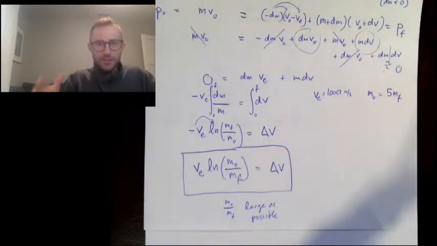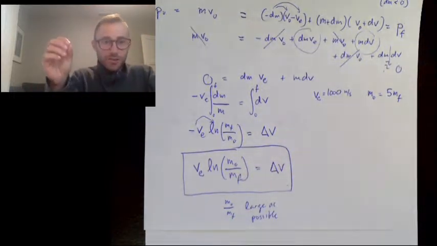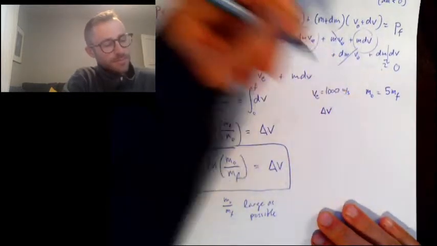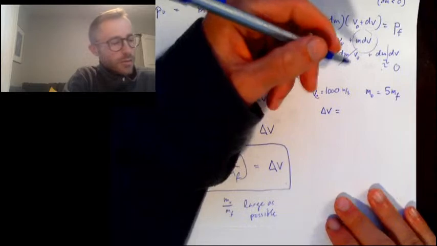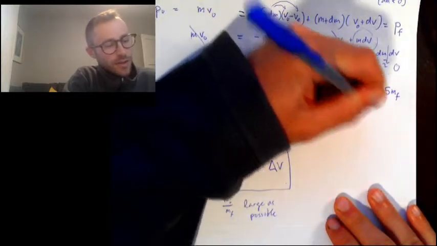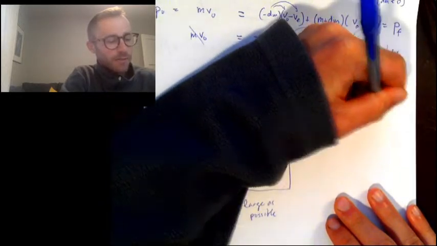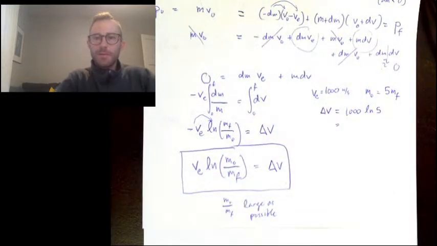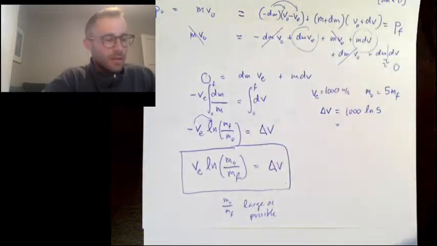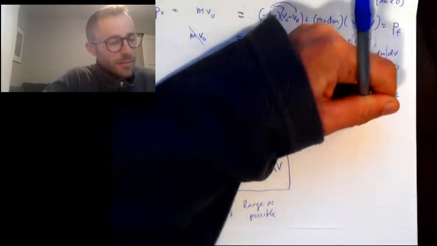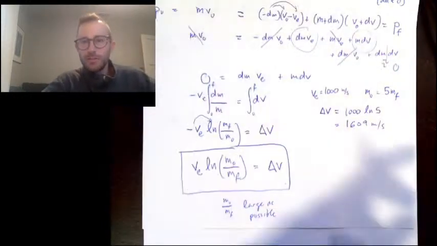The initial mass is 5 times what it ends up being. So what do we get for delta V in this case? We get 1,000 times the natural log of 5, which gives 1,609 meters per second of delta V.